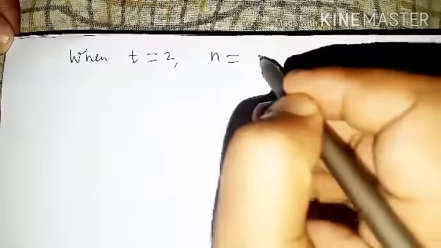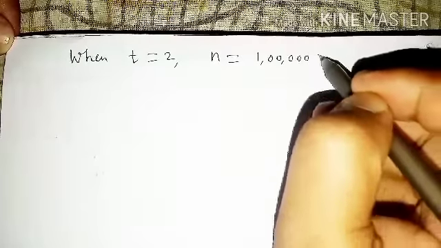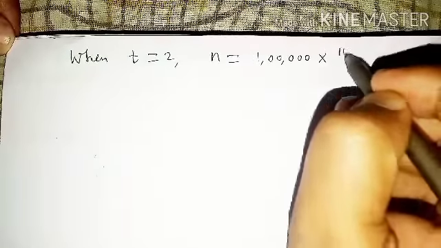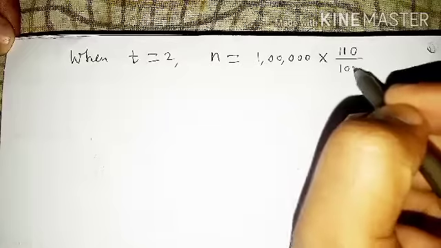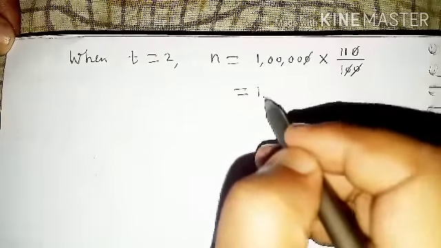It is given that in 2 hours the number is increased by 10%. Therefore, when t is equal to 2, n is equal to 1 lakh into 110 by 100. So we have 1 lakh 10,000.